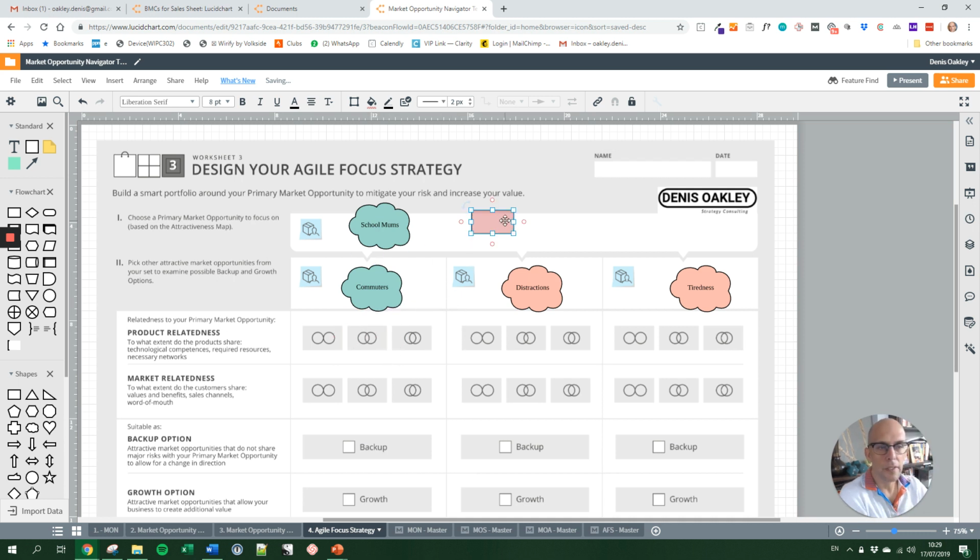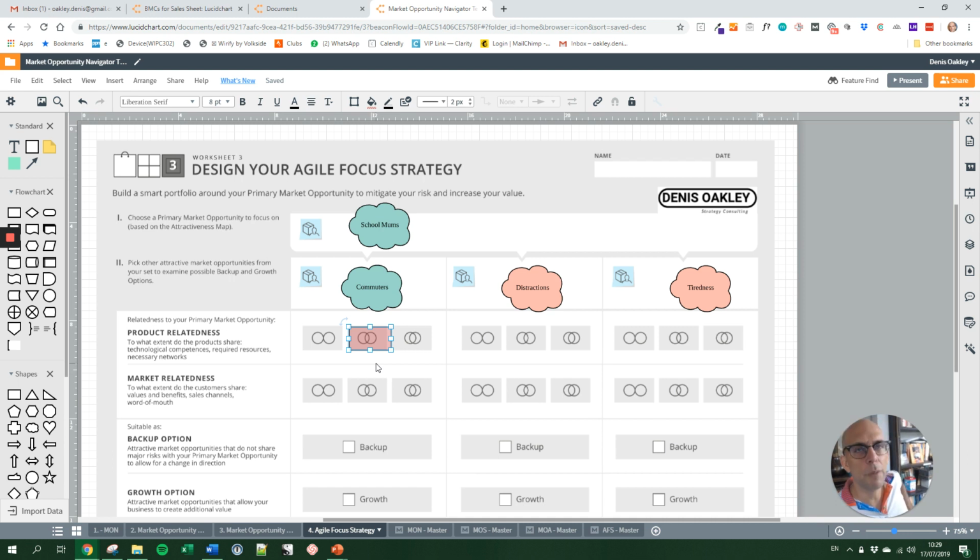So right, related to your primary market opportunity, so thinking about school mums for Uber, to what extent do the products share technological competencies, required resources, and necessary networks? So school mums for Uber, commuters for Uber. Okay, a lot of the technology is going to be similar, fundamentally the same kind of thing. Are they super overlapping?